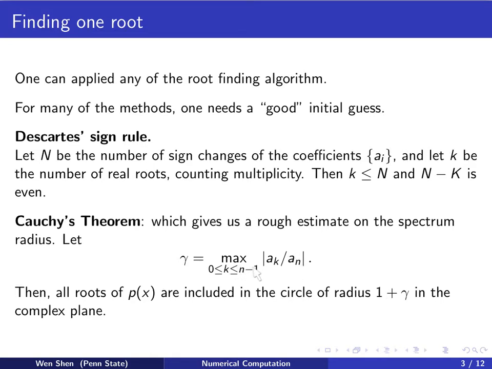So you find the maximum of that. Then Cauchy's theorem says that all roots of the polynomial p must be included in the circle of radius 1 plus gamma in the complex plane. So therefore one should start the initial guess within this circle.